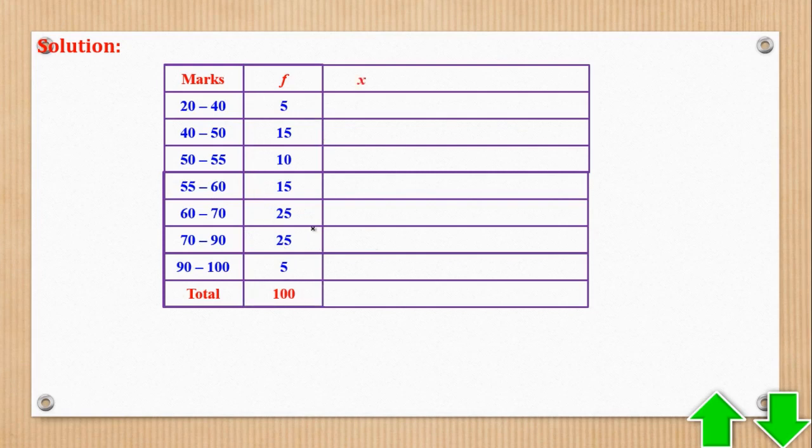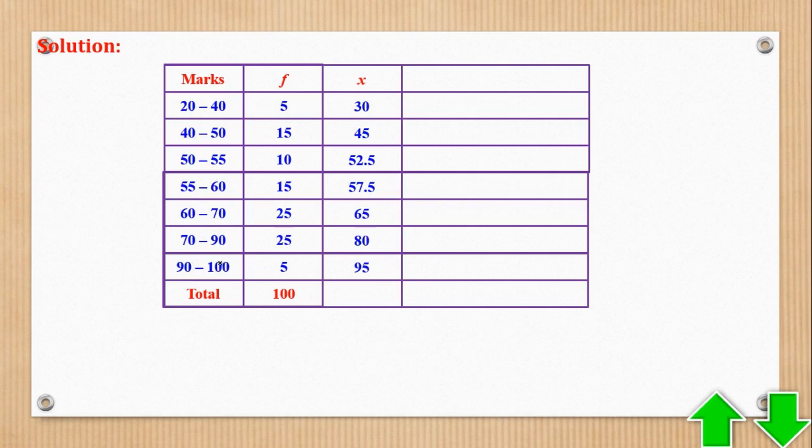Then we need X values. X is the mid mark or midpoint, which is got by this plus this over 2 to give you 30. This plus this over 2 to give you 45. This plus this over 2, and so on for each class.